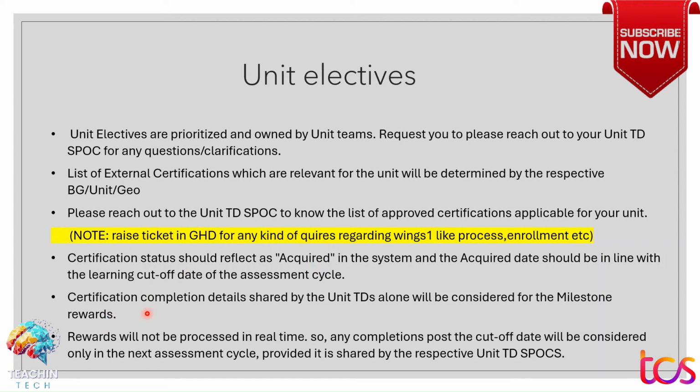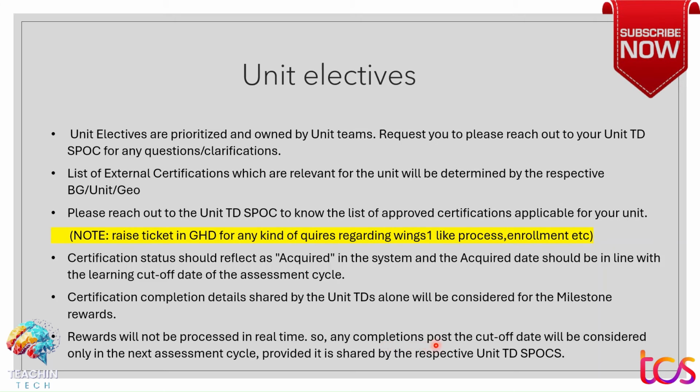So certification completion details shared by unit TDs alone will be considered for milestone rewards. So certification completion, once they approve that, your names and information will go to TDs. So they'll share with higher management, and they will approve, like they will consider that as milestone rewards. So rewards will not be processed in real time.